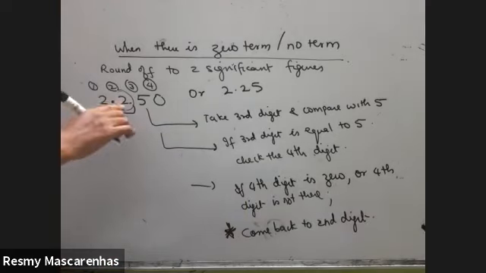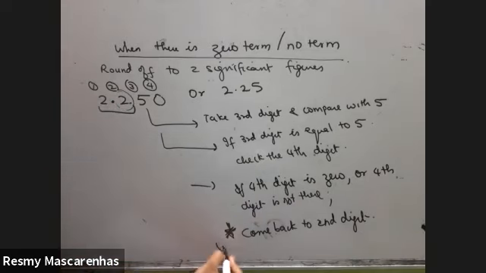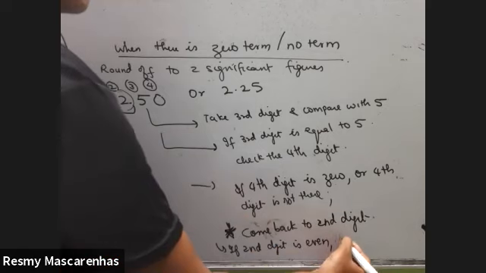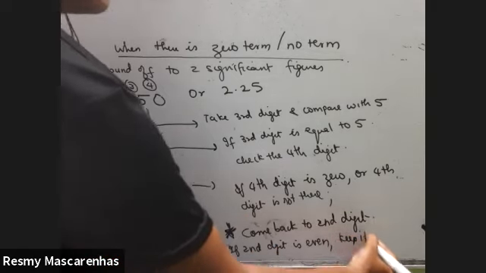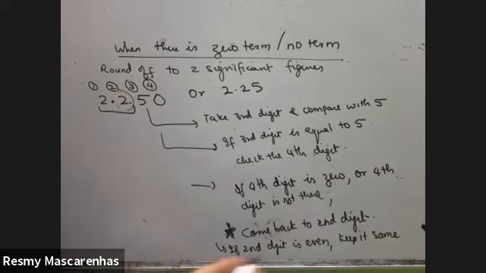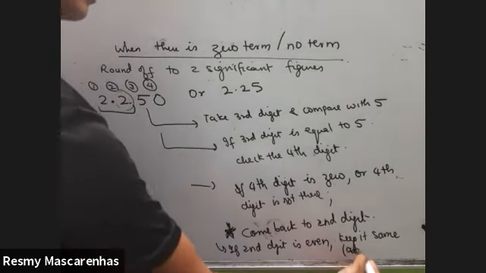Now, you have to check whether the second digit is odd or even. If the second digit is even, keep it the same, or equivalently, add 0 to it.